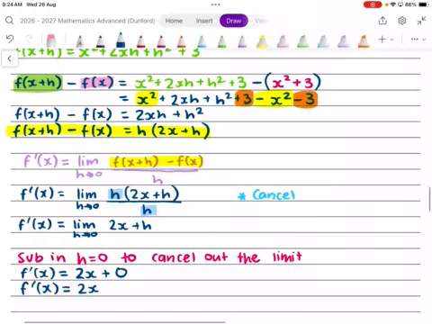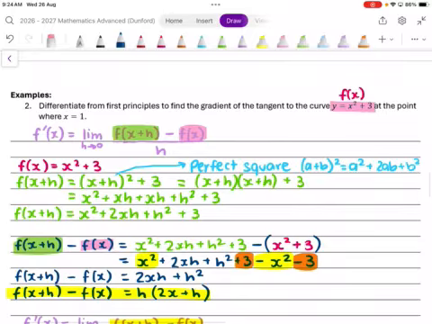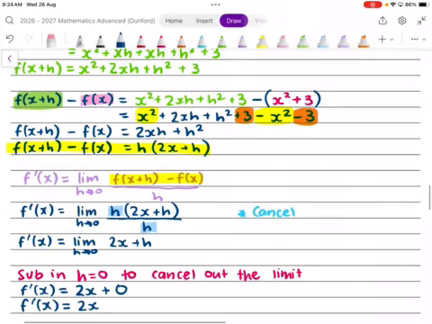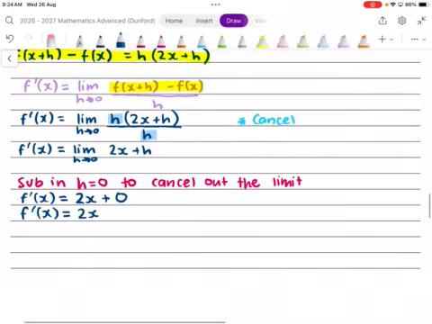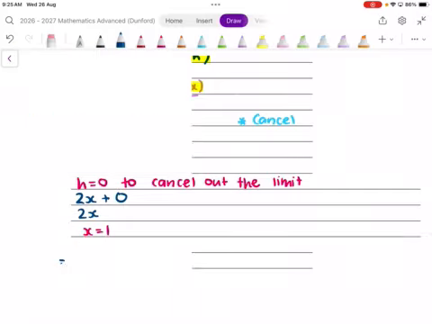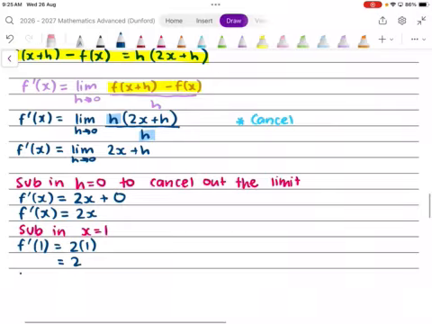Now, we haven't quite answered the question, because it asked us to find the gradient of the tangent at the point where x equals 1. So now we just need to sub in x equals 1. So f dash of 1 is equal to 2 lots of 1, which is equal to 2.